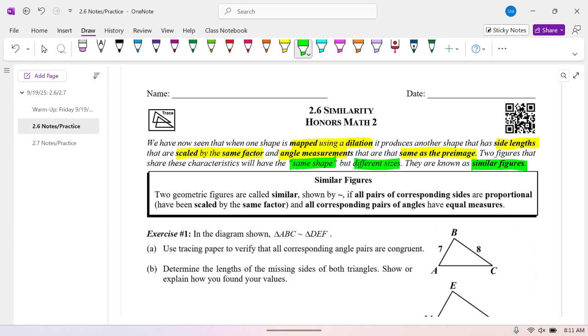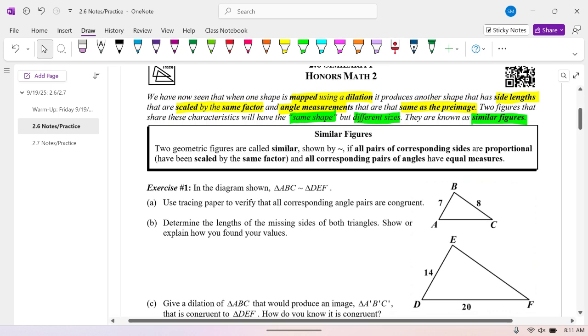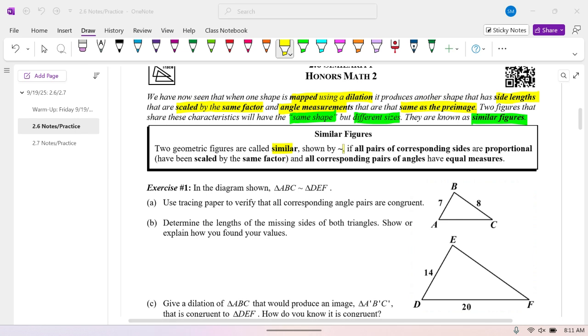All right. So similarity is very close to congruency. Like I said, the only difference is that the size changes. The shape's still the same, so the angle measures are still the same, but the side lengths change. Now, when two geometric figures are called similar, which we represent by just a squiggle, you know how with congruency we do the equal with the squiggle on top?